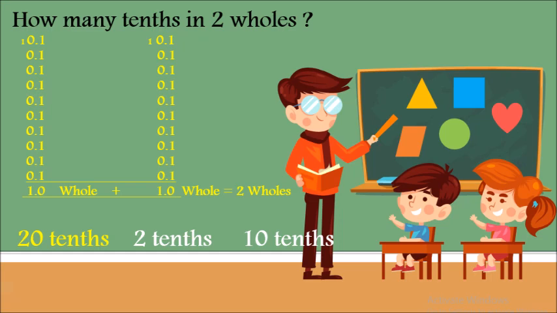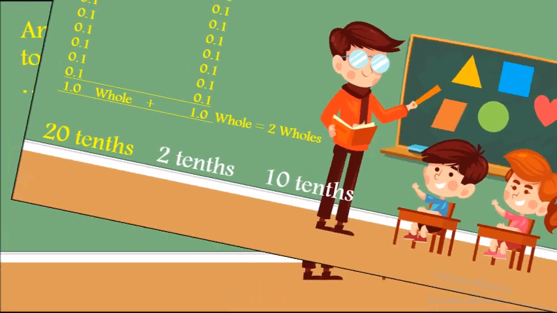If you add up 0.1 10 times, it will give you a whole number. You can see it on the screen. I've added up 0.1 10 times, and when I added up, I got the figure 1.0. That makes one whole number. So 10 tenths make one whole number. So 20 tenths will make two wholes. The answer is very simple. 20 tenths is the correct answer.